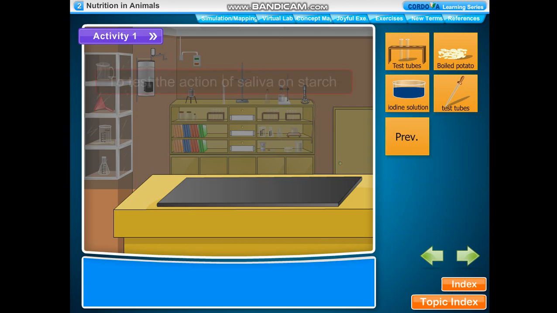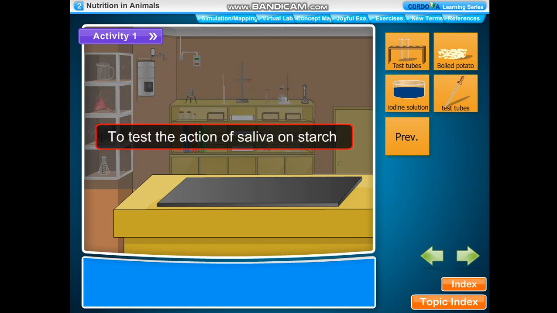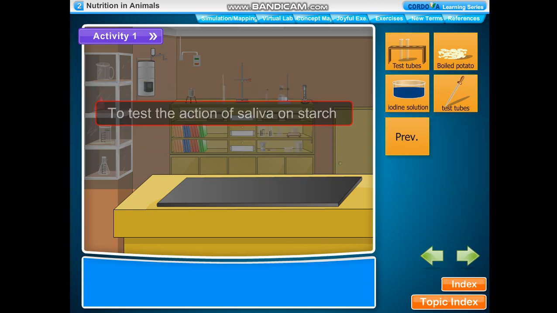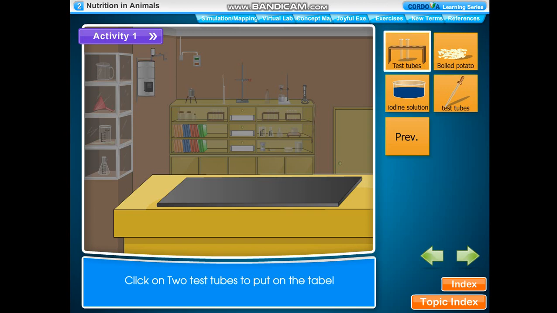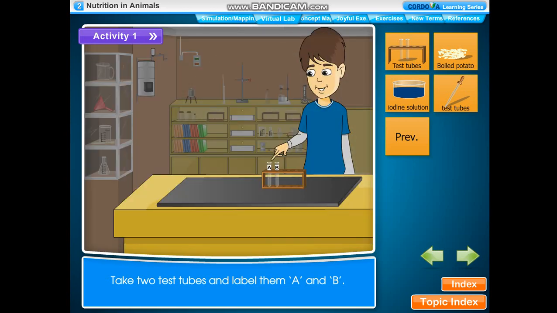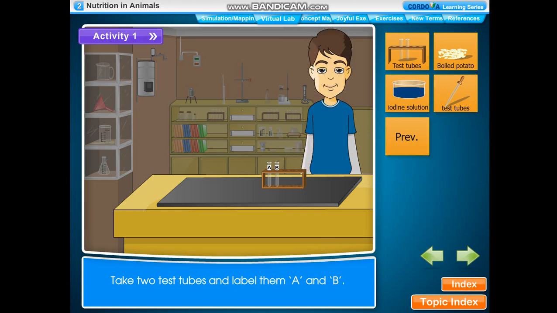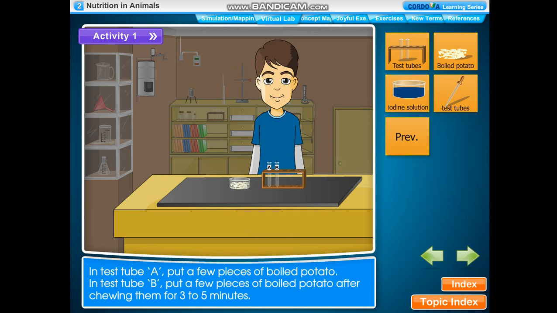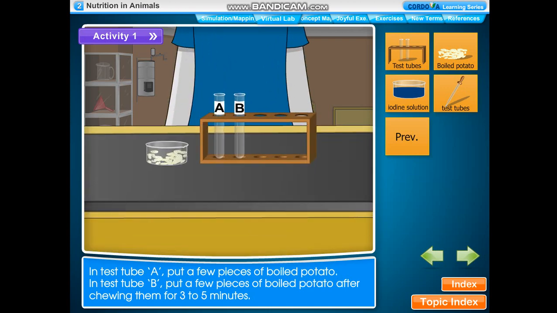Activity 1. Take 2 test tubes and label them A and B. In test tube A, put a few pieces of boiled potato.